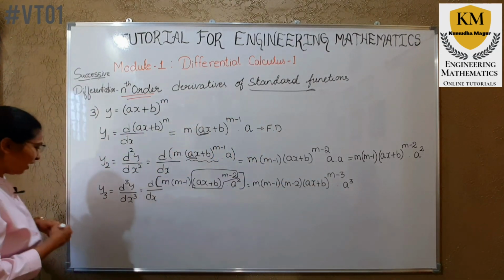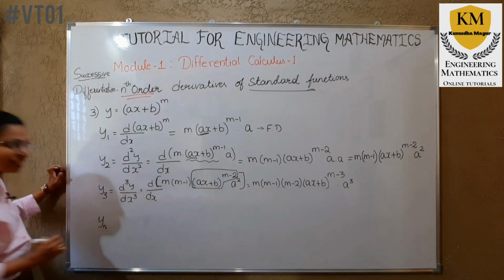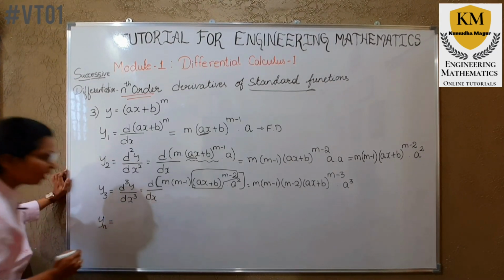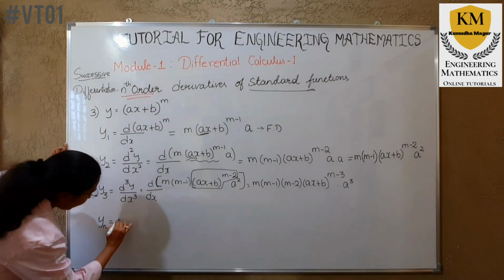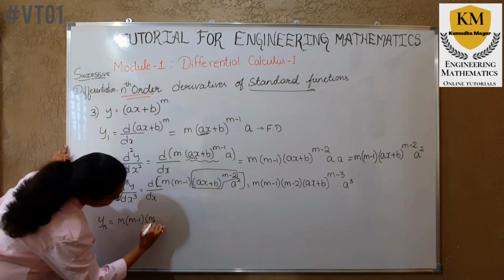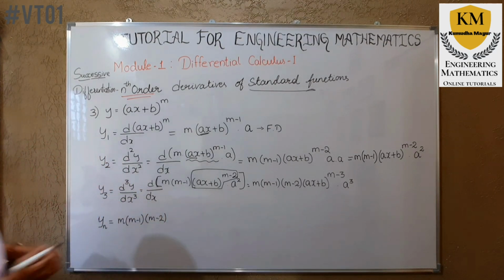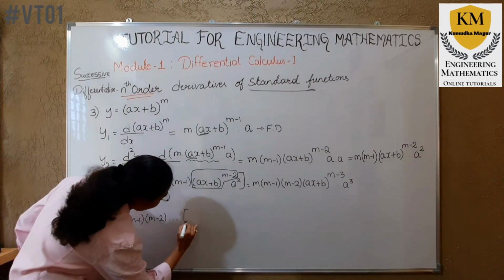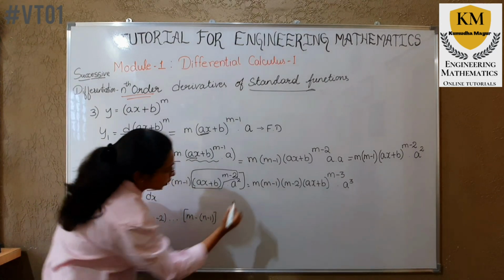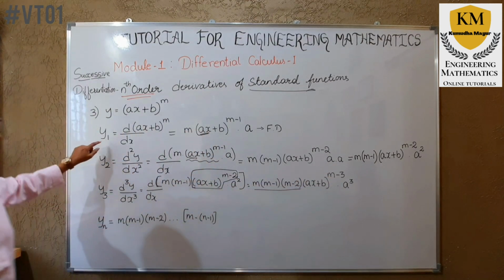So now it's time for all of you to say about yn, meaning the nth derivative of the standard function. Yn says m into m minus 1 into m minus 2 into m minus 3. It goes up to where? It goes up to m minus n minus 1. I am done with only this part. So you see the second part. The order is 1.